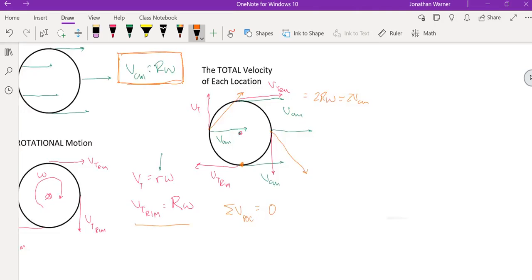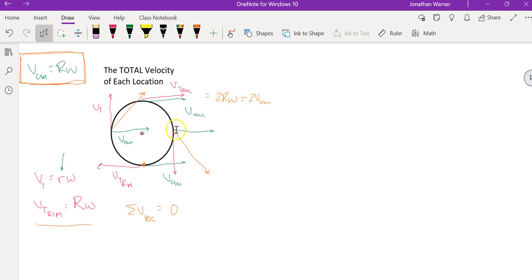If you were to look at one point, like that point, as this object rolls across the ground, at that instant that place is moving this way, because the whole wheel is moving to the right, but this place is on the way up as the object rolls.